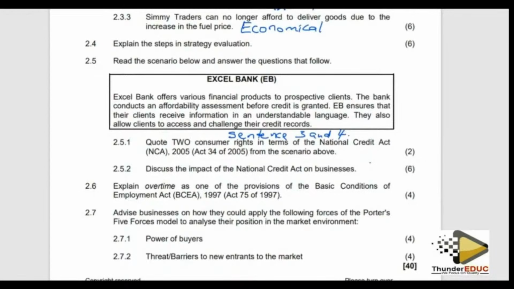2.5.2. Discuss the impact of the National Credit Act on businesses. If the question says discuss the impact, it means that you should consider both positive and negative. Take into account both positive and negative. And also, if the question says discuss, it means that you should go as deep as you can.